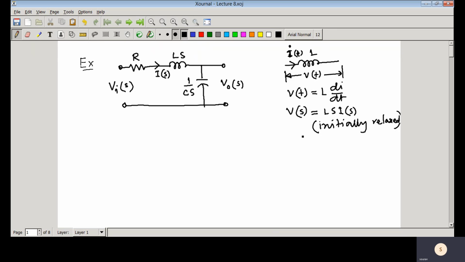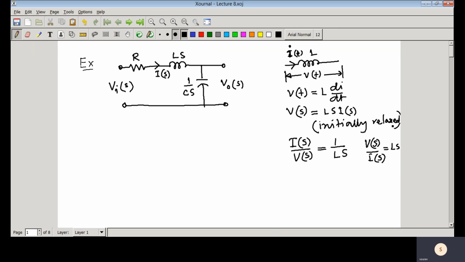That means we consider the initial condition to be 0. So I(s) by V(s), if you represent it in input output form, is equal to 1 by Ls. Here one interesting point is that if you want to represent this block as V(s) by I(s), then that would be equal to Ls.